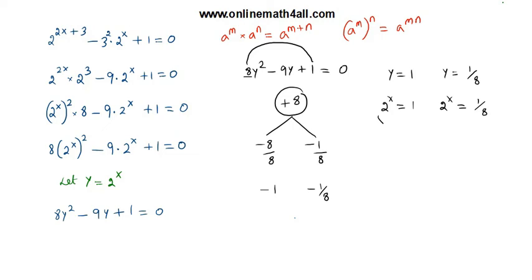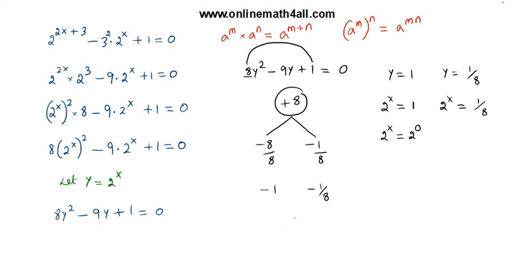Okay, in both the equations we are trying to solve for the variable that is in the exponent. Whenever you are trying to solve for the variable that is in the exponent, you have to get the same base on both sides. Here we have base 2, but the base on the right side is not 2, so we have to write this 1 as a power of 2. That is easy, because 1 can be written as 2 to the power of 0.